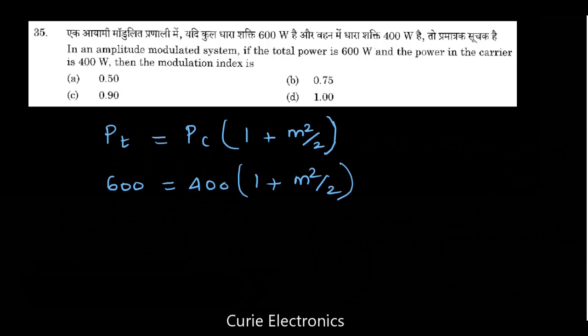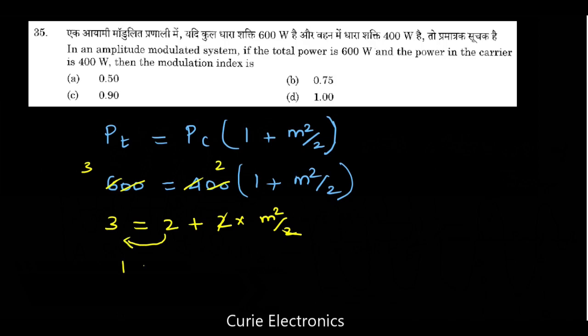Now, the left side and right side of the equation: I cancel these two zeros and divide both sides by 2. So 3 equals 2 times the bracket. Let's open the bracket: 3 equals 2 plus 2 multiplied by M square upon 2. The 2s cancel, and we take the 2 to the left.